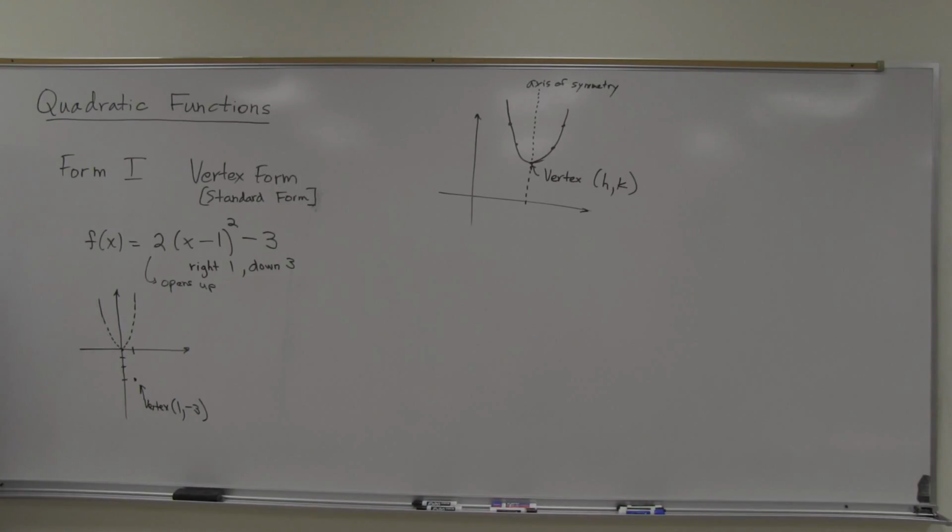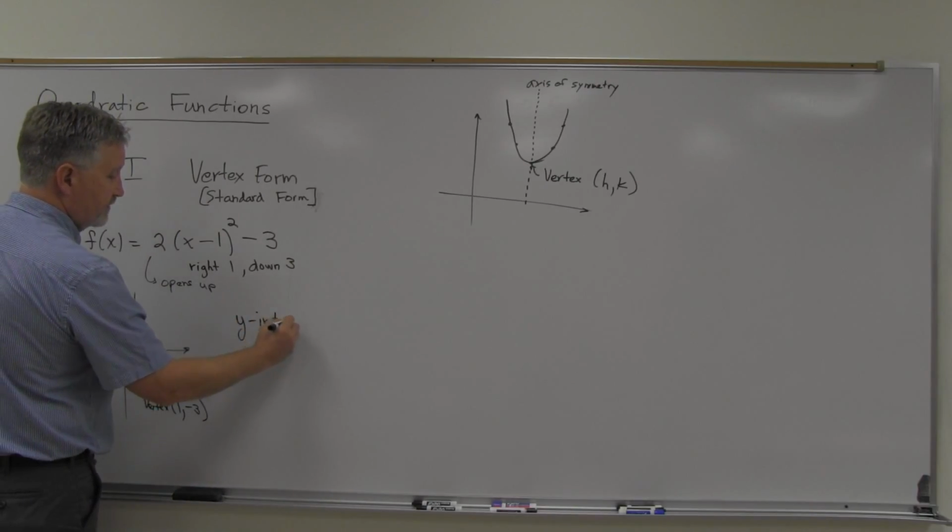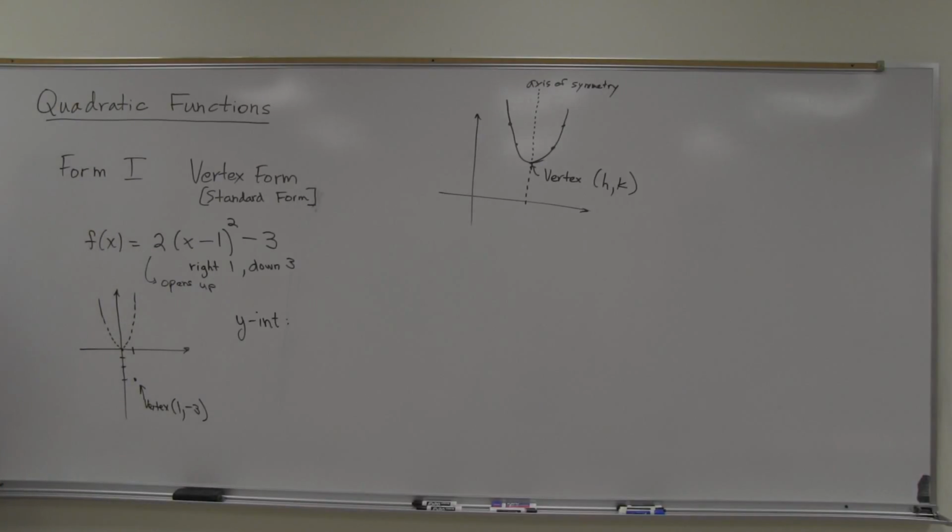Now, what I like to do on this particular vertex form is look at the y-intercept, since we already have the vertex. That's usually not too terribly difficult a point to get, because how do we get the y-intercept? Set x to 0.